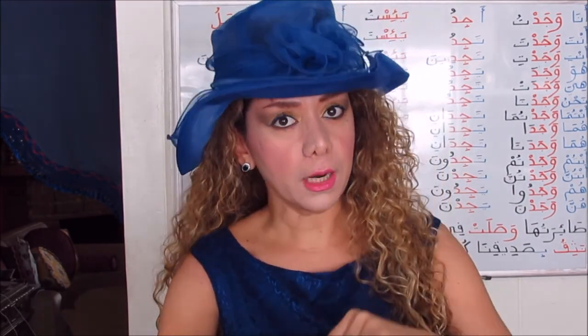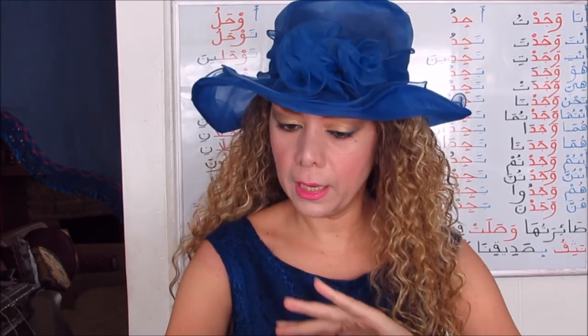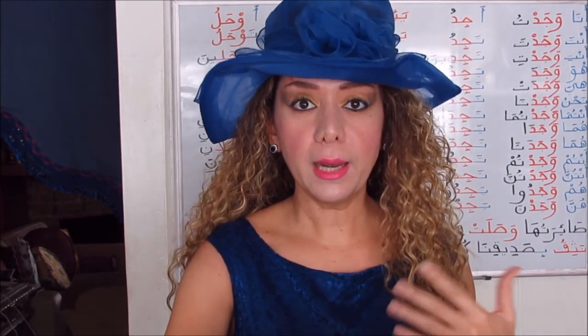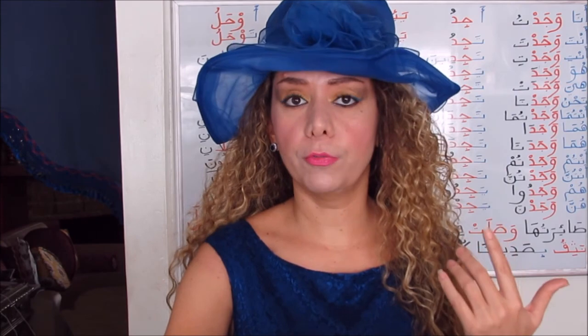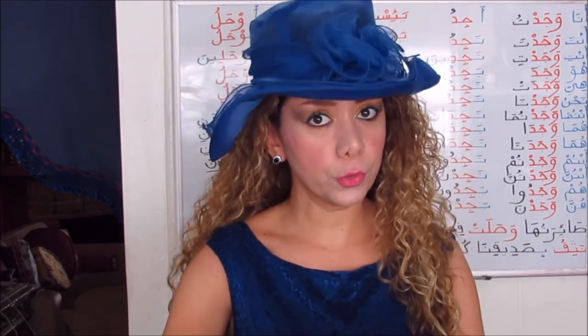It is specified as assimilated because of its similarity to the sound verb in rejecting any shifting of weak letters in the perfect. Which means that the waaw or the ya, radicals of the root, do not turn into an alif in the perfect, unlike hollow verbs and defective verbs.